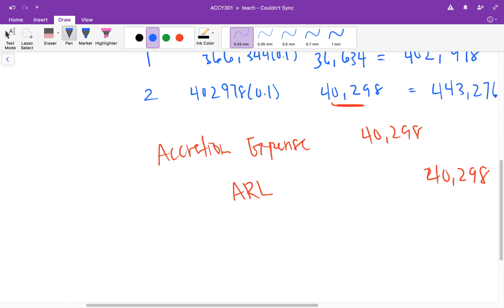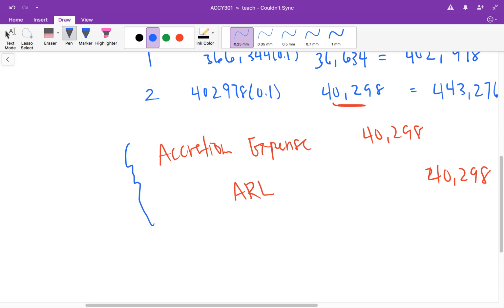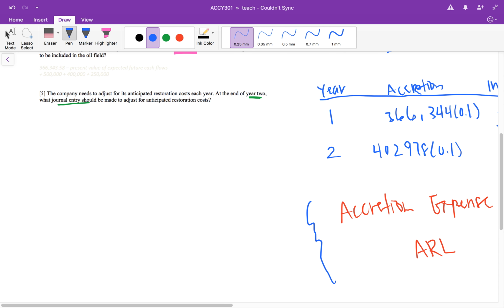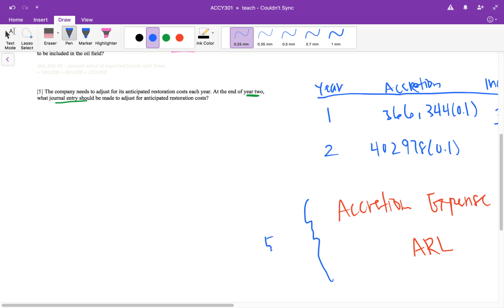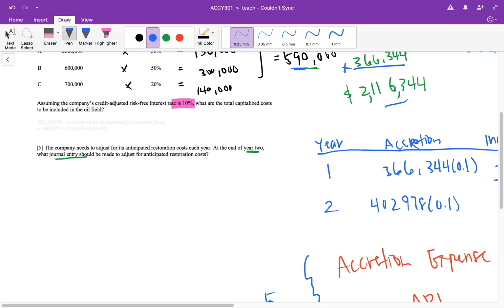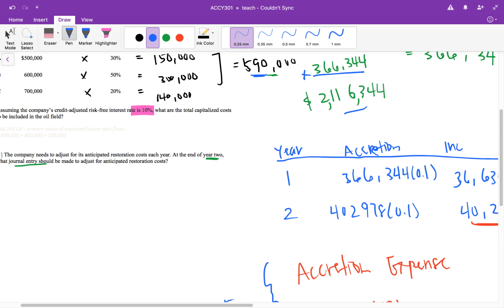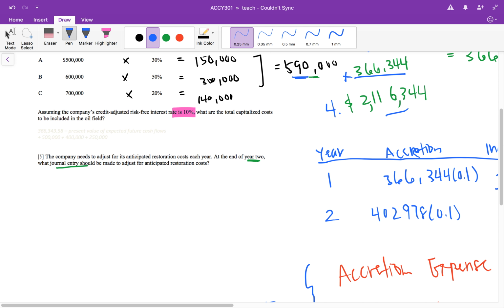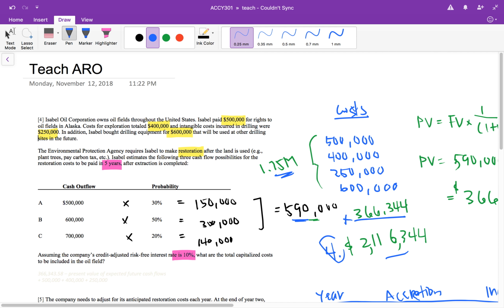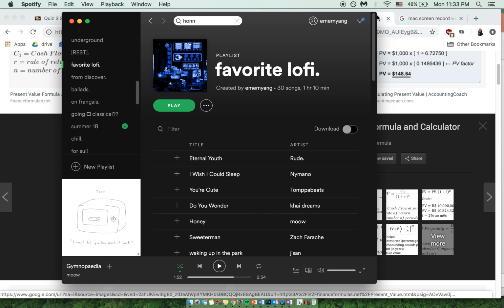And down here is our accretion journal entry, which is the answer to question number 5. And this answer is question number 4. Alright, and that is it for the asset retirement restoration.